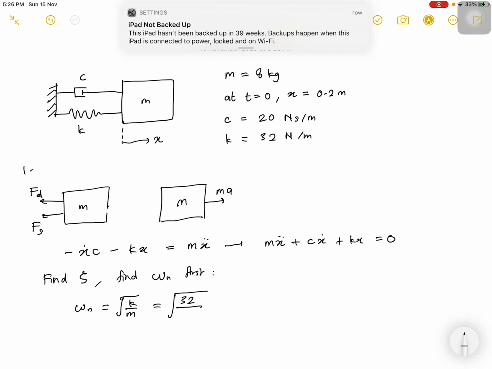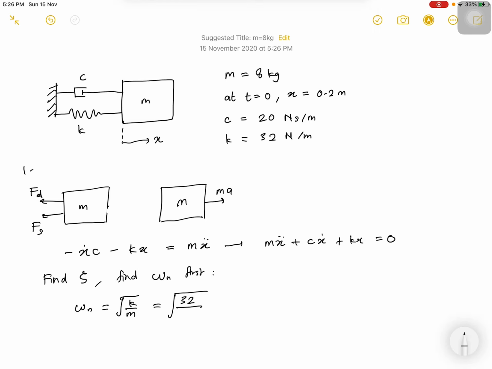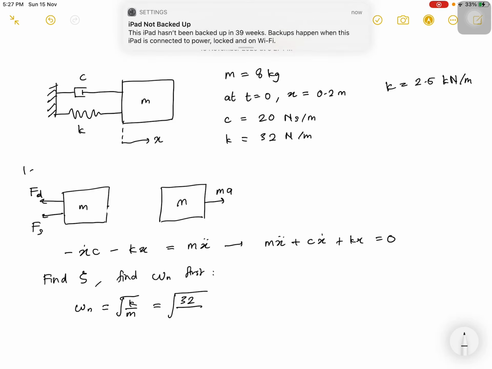We just put in these values here. In this case, you don't have to put the unit, but you need to be careful. For example, sometimes the question will write k equal to 2.5 kilonewton per meter. In this case, you need to change it into newton per meter.